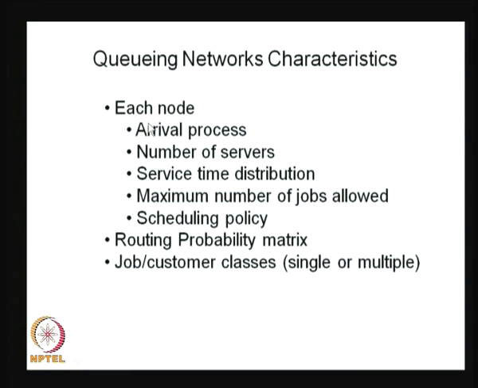If you provide these 5 pieces of information for each node, the routing probability matrix, as well as what type of customers are coming into the whole queuing network, whether only one type of customers is moving inside the different queues or more than one type of customers is in the system.